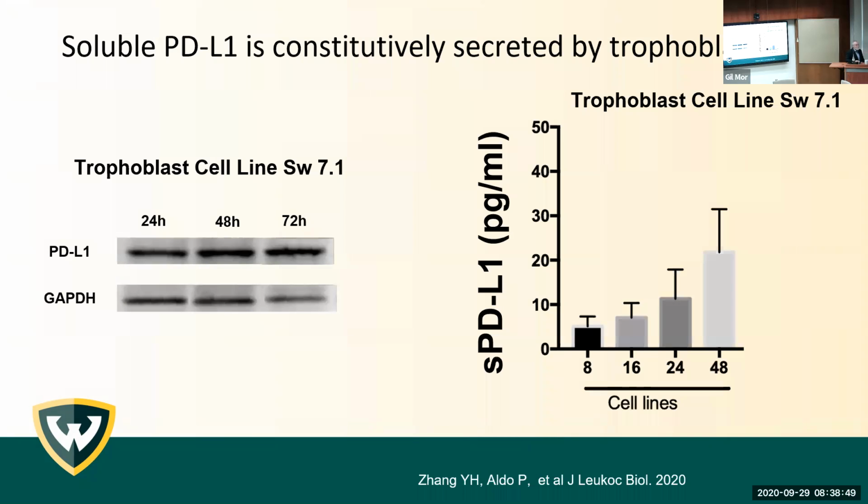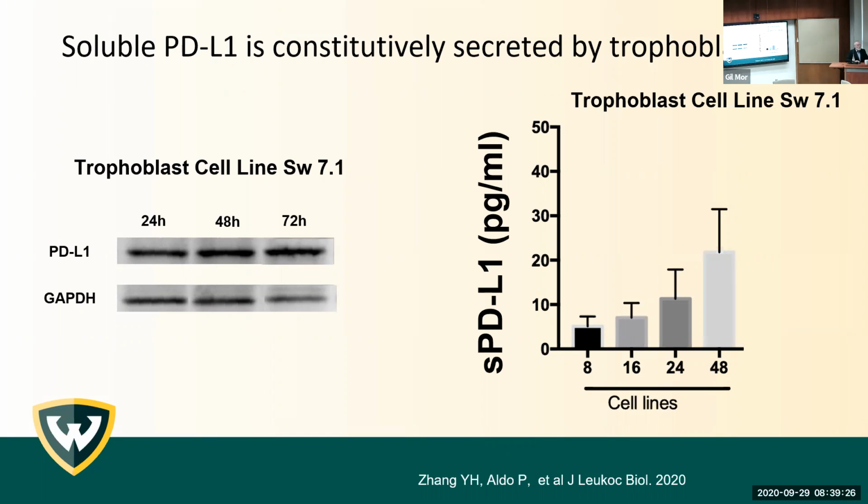So this is the whole lysate. And we can see that PD-L1 is expressed in the trophoblast, and its expression doesn't change over time. Again, this is whole lysate of the trophoblast. However, we also took the supernatant of those trophoblast cells, both cell lines as well as first trimester trophoblast cells. We collected those supernatants and tested for the presence of soluble PD-L1.